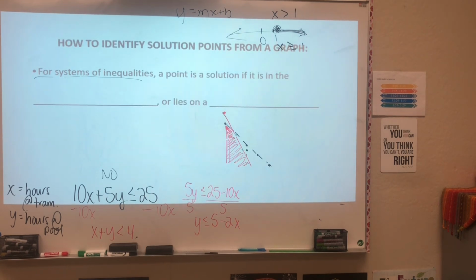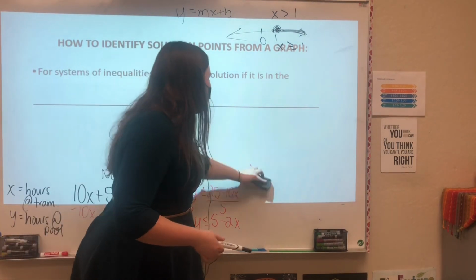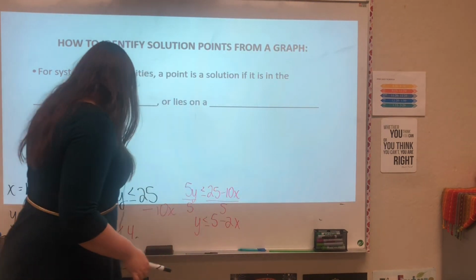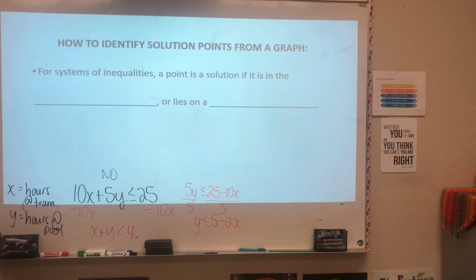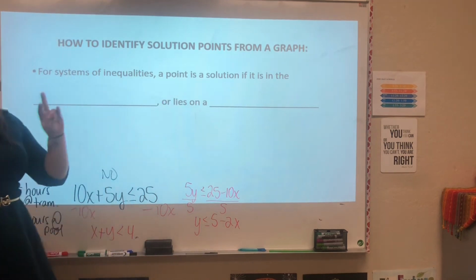Oh, well, sorry. Let's fill this in real quick. I was getting excited. This is just a summary of what you just told me. So to summarize, when you're looking at these graphs of systems of inequalities, a point is a solution point if it's in one of 2 places.